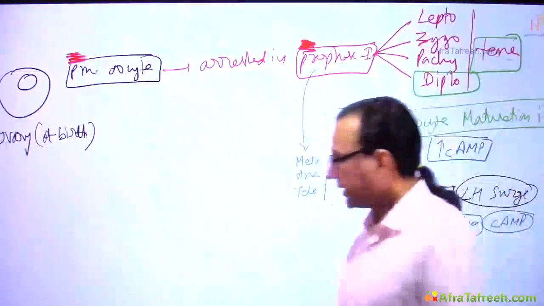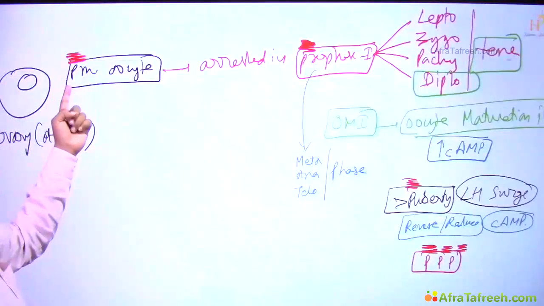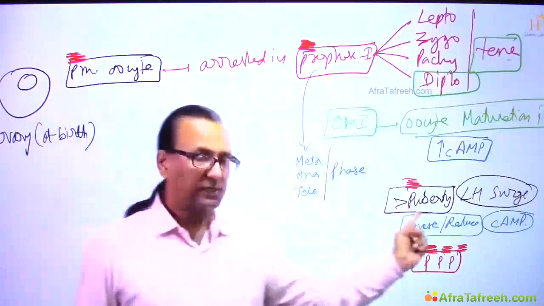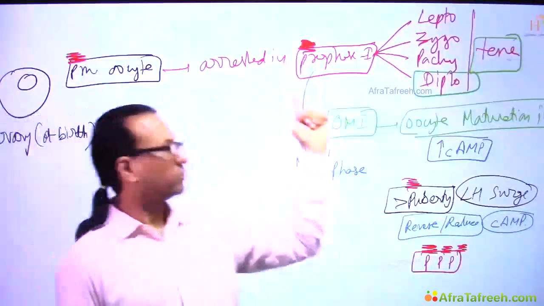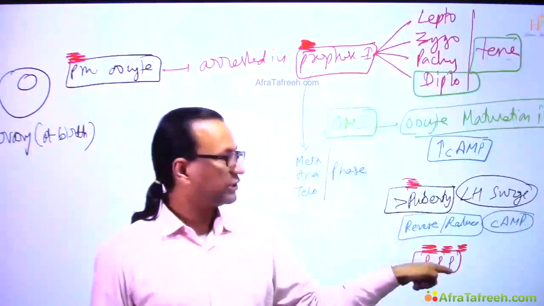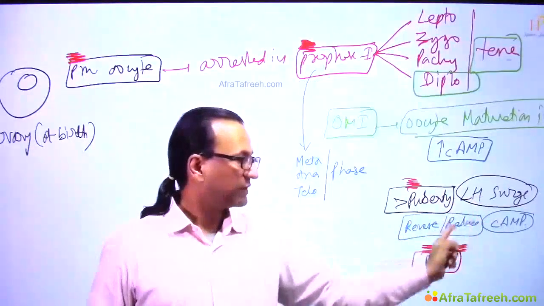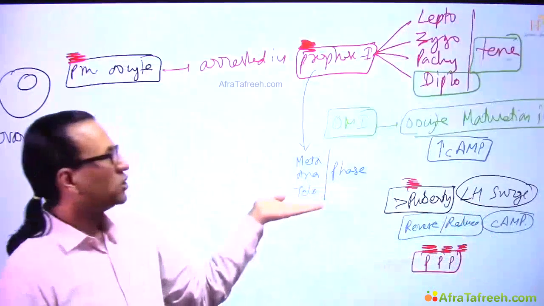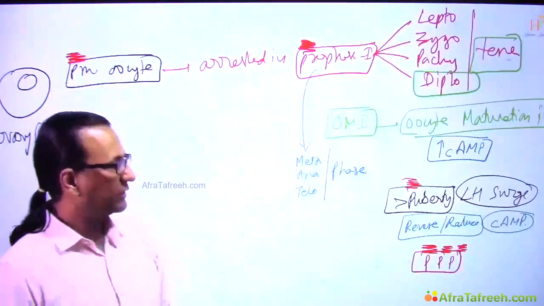Means you have to remember, the primary oocyte is arrested in prophase 1 until puberty is achieved. After puberty is achieved, the girl will start having an LH surge, and that will reverse or reduce the level of cyclic AMP, and then you will see that the cell can move into metaphase, anaphase and telophase.